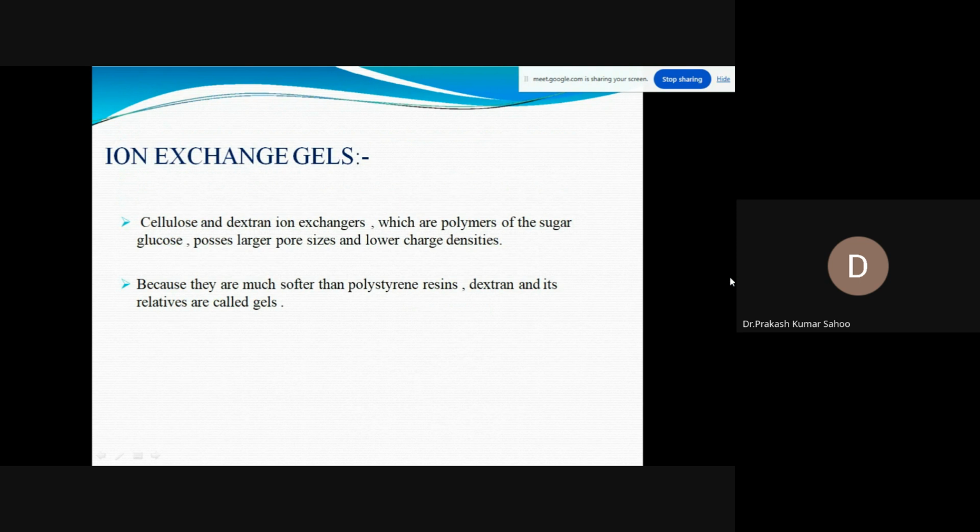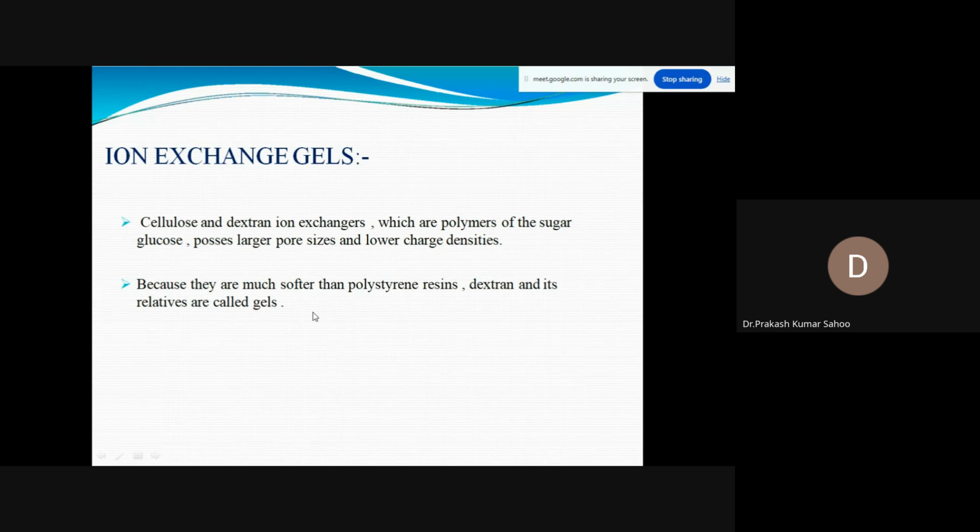Then after styrene and divinyl benzene resin, we have the ion exchange gels. So the ion exchange gels are made up of cellulose or dextran ion exchanger, which are polymers of sugar glucose, possessing larger pore size and lower charge densities. Because they are softer than polystyrene resin, dextran and its relatives are called gels.